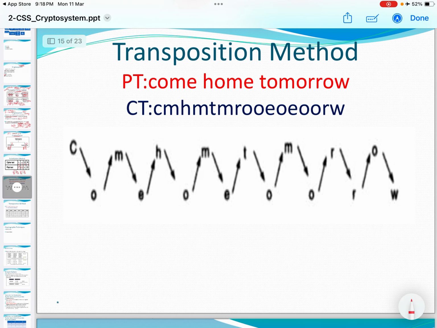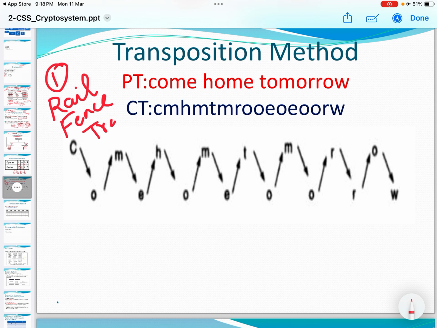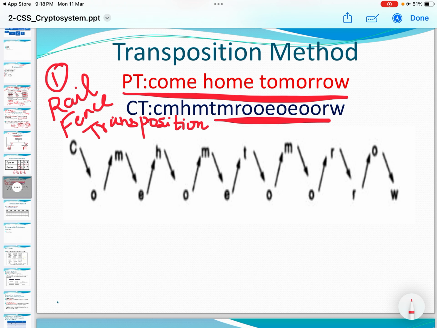Next is transposition technique. In transposition technique, the first type which we will learn is the rail fence transposition. In transposition, you don't substitute the letters. Instead, you use the same letters. So your plain text is come home tomorrow. Your cipher text is this. How did you get it? Like this.